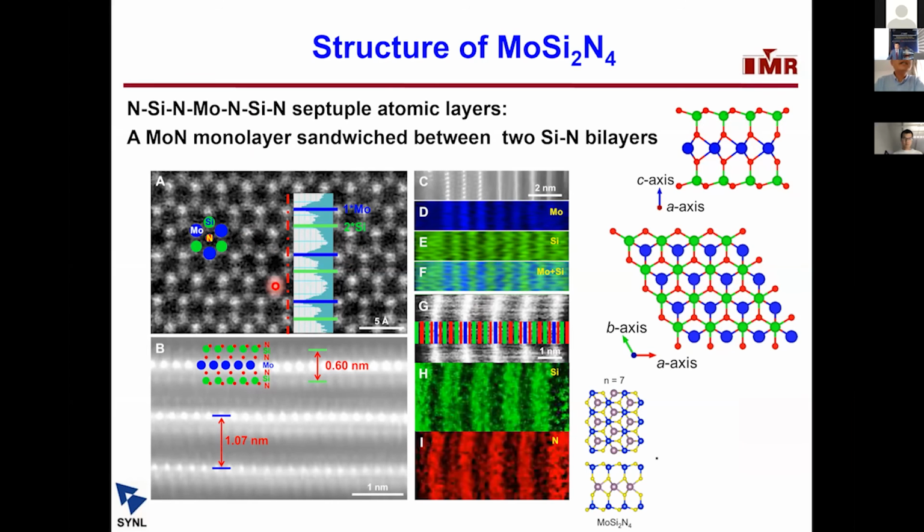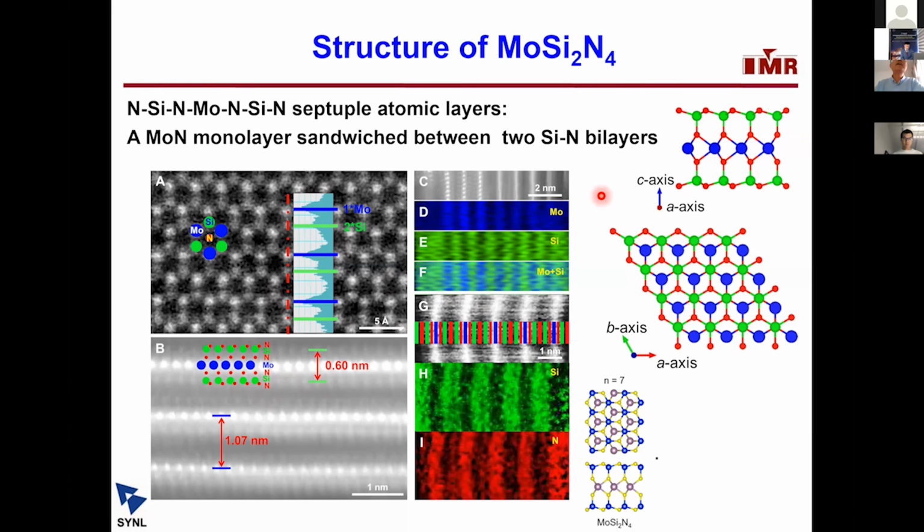So this is the high resolution TEM you can see here. We can observe the silicon layer, molybdenum layer, silicon layer. The nitrogen layer is very difficult to observe directly, and also by element analysis, we have proved this structure.